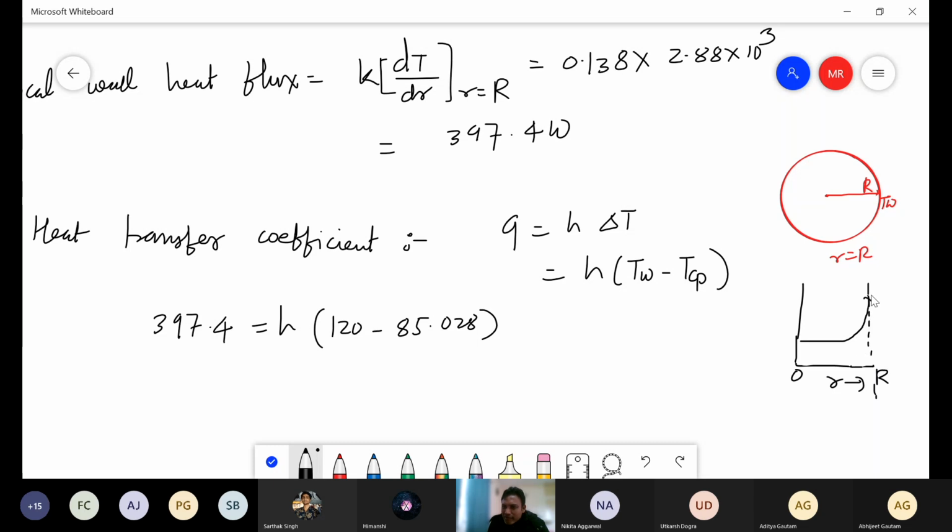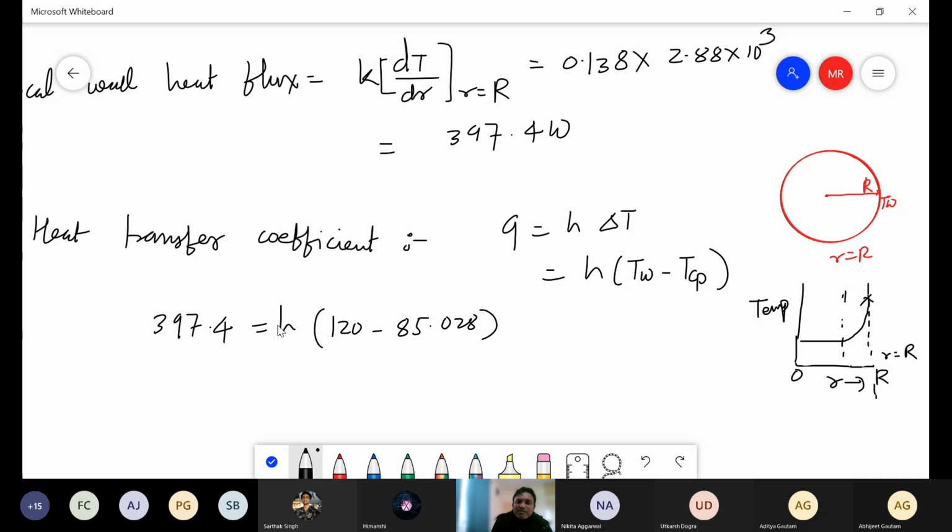But this temperature anyway is at r equals R. And this entire thing, including this film here, the internal film in the oil, we have already accounted for. Is it clear?